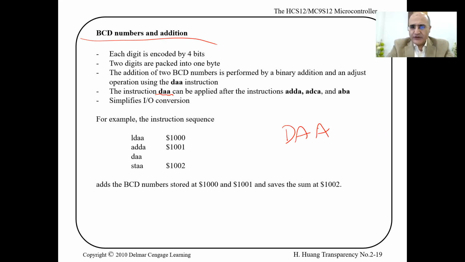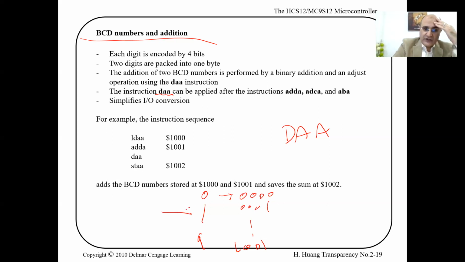BCD numbers are binary coded decimal numbers. The decimal numbers from 0 to 9 are binary coded using the bits 0000, 0001, down to 1001, which is 9. So when you do a BCD operation, any resulting number from any kind of operation has to be in the range from 0 to 9, that is from 0000 to 1001.